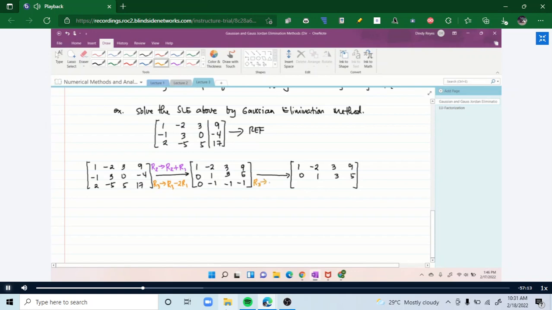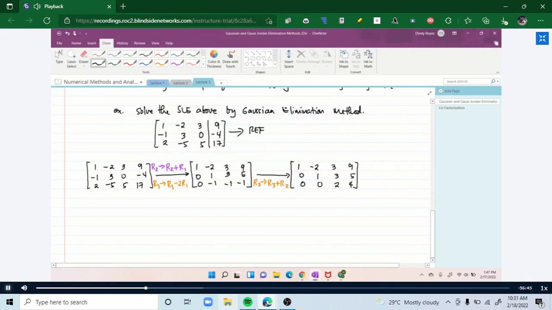We use R3 here and then R2 because R2 has a leading entry in the second column. Now, adding R3 and R2, we get 0 for that particular entry, right? So now we have 0. Adding this 2, we get 0. Adding 3 and negative 1, we get 2. Adding 5 and negative 1, we have 4.